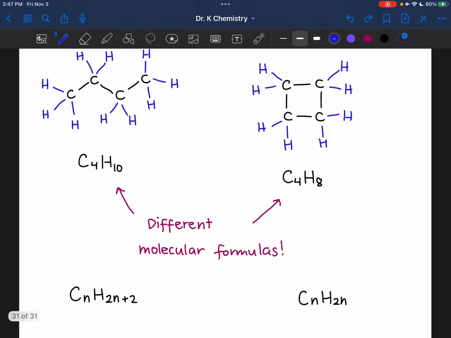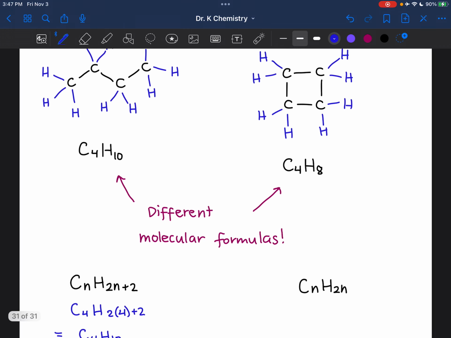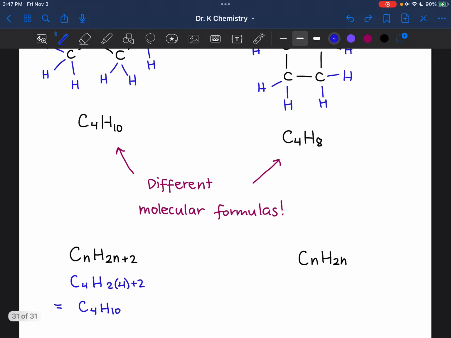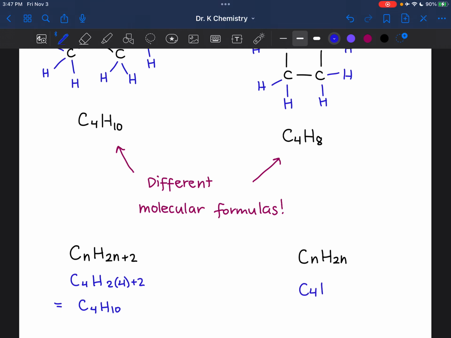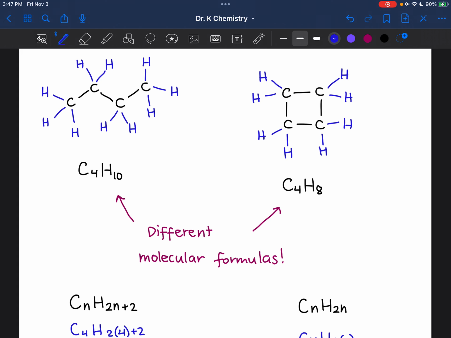So in the straight chain alkane, we saw there were 4 carbons. And then I'm just going to multiply that 4 by 2 and add another 2. And if I do that, I generate C4H10. So this is the general formula for all of my straight chain alkanes. In the cycloalkanes, this would be C4H2 times 4, which becomes C4H8. So all the cycloalkanes will always have 2 hydrogens fewer than the straight chain alkanes.